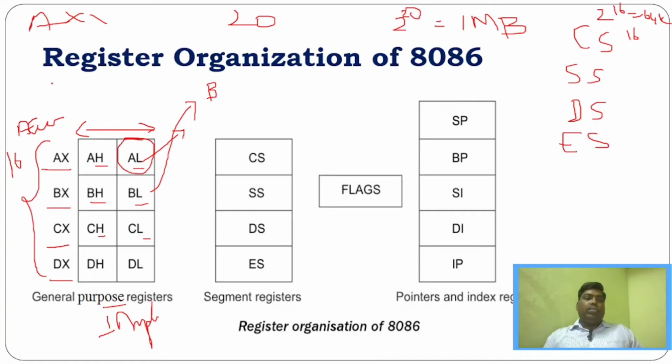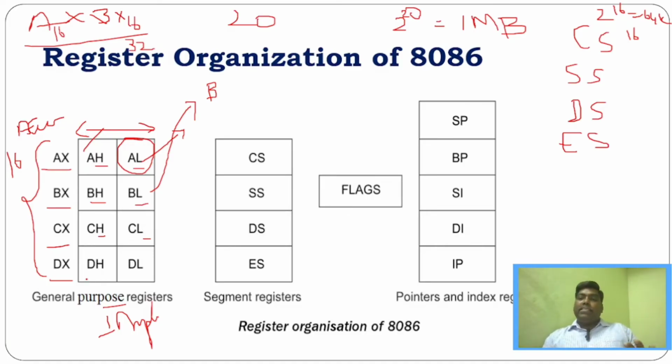Similarly, if you're going to use any 16-bit multiplication, say for example, AX 16-bit times BX 16-bit, it will produce a value of 32 bits, where we can save only 16 bits in any one register. So 16 bits will be saved in the accumulator, and the remaining 16 bits will be automatically saved in the default destination, which is DX. So DX is nothing but the default destination register.